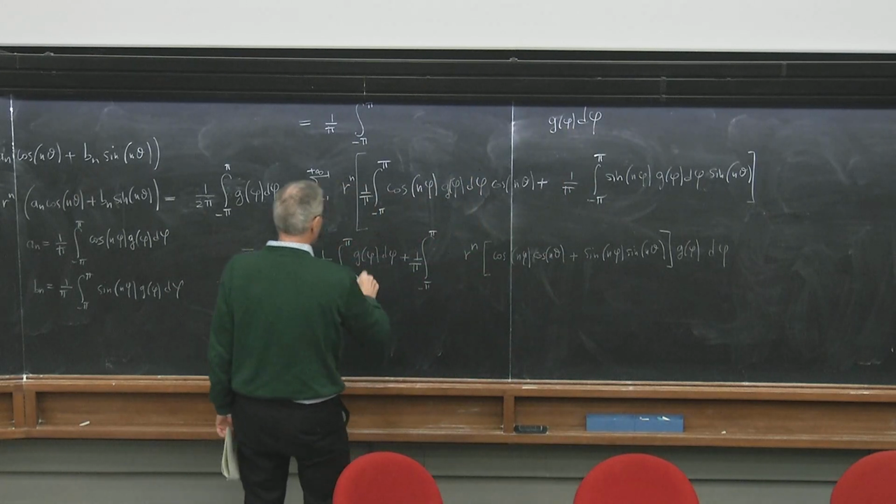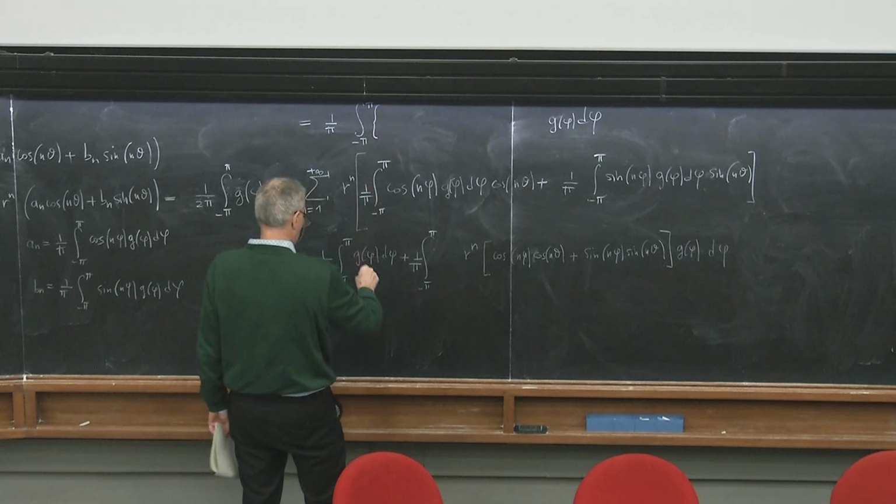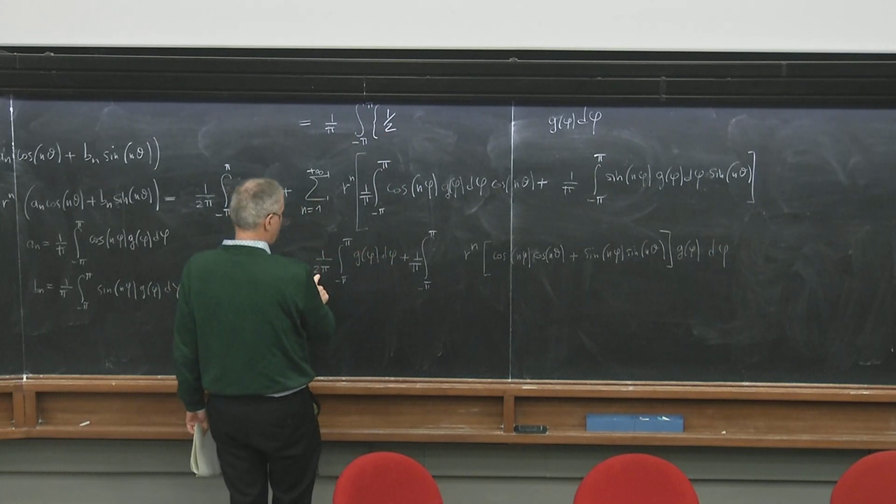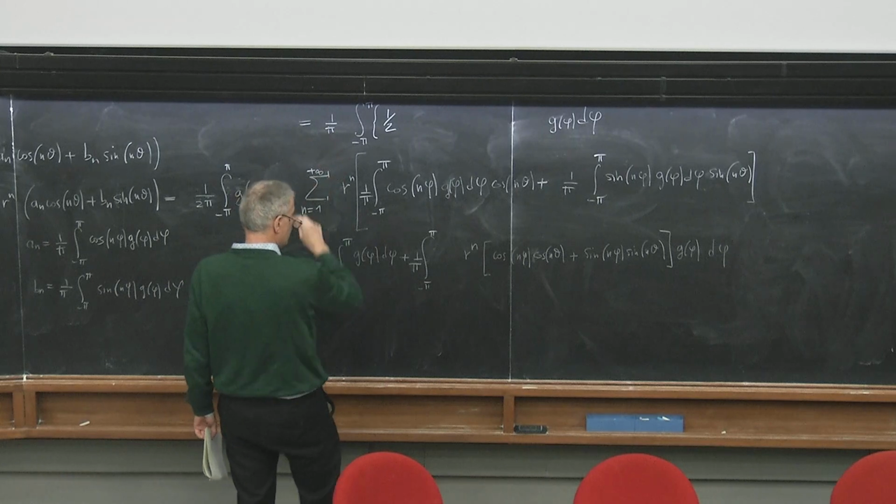Then I put it all together, so this 2 here is just 1/2 now, because pi is outside.